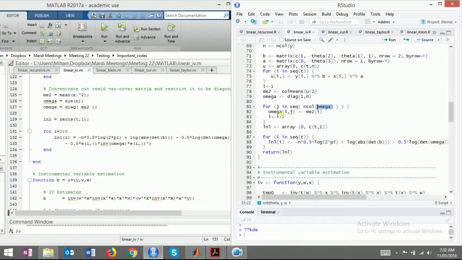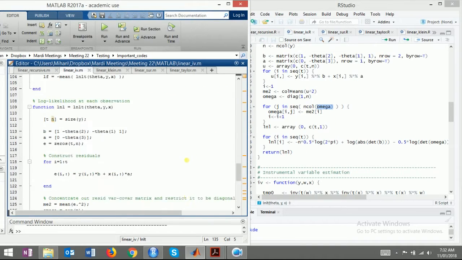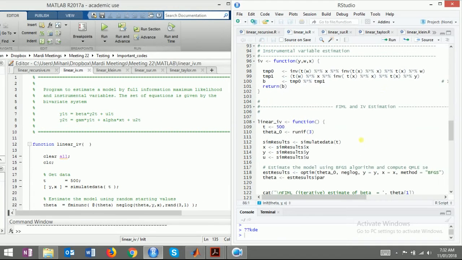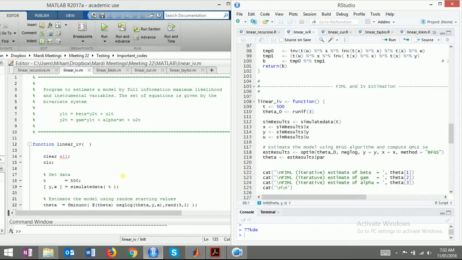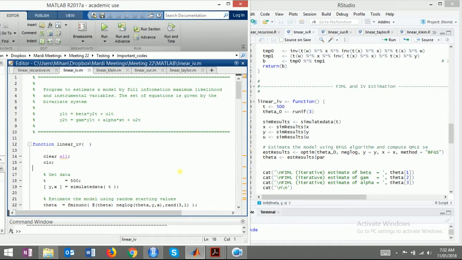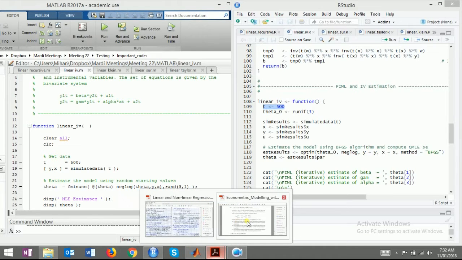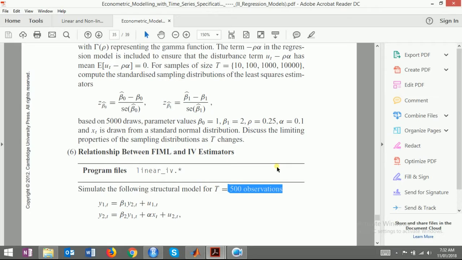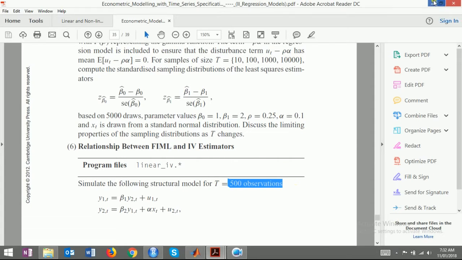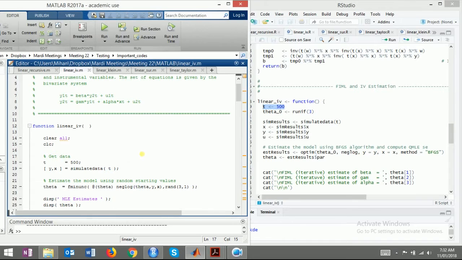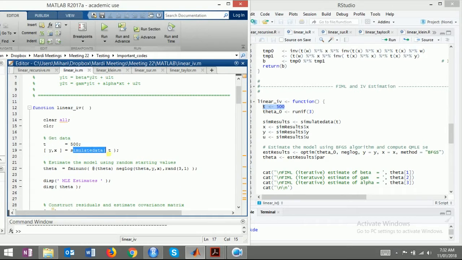Okay, now let's look into the estimation itself. So first, as we know, we have to do 500 observations, or let me have a look into the problem. 500 observations are there, so t is equal to 5. Then we need to call the simulate data function. Here theta naught is being created randomly with runif, because it's a uniform random distribution.